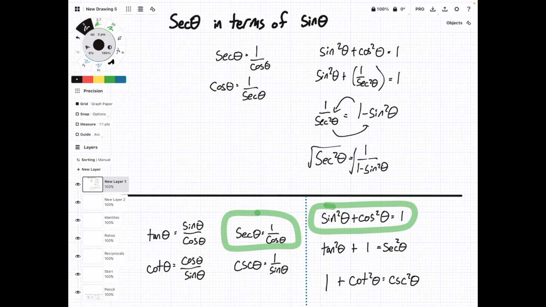And then we want to take the square root of each side. So coming over to the left here, we're going to have secant theta is equal to plus or minus the square root. I'm going to leave the top as just 1, and it's going to be over the square root of 1 minus sine squared theta.